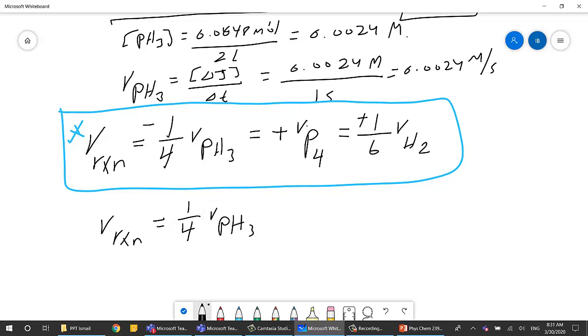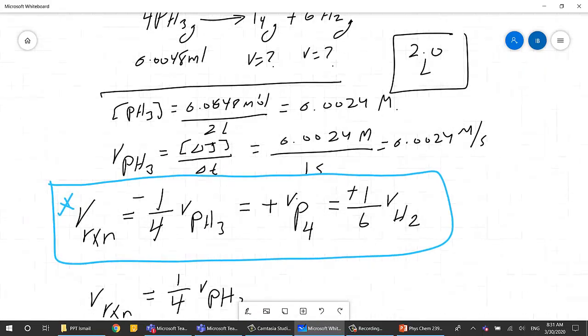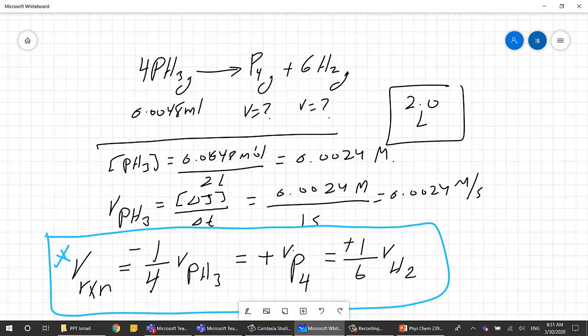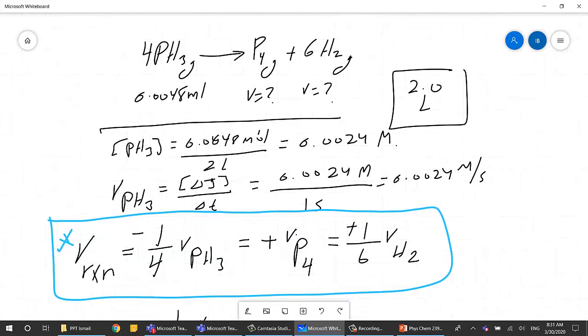Now the rate of PH3, we found it to be 0.024 molar per second.